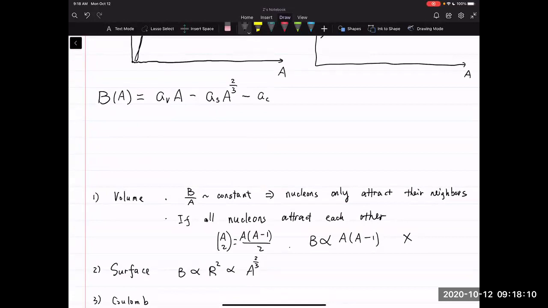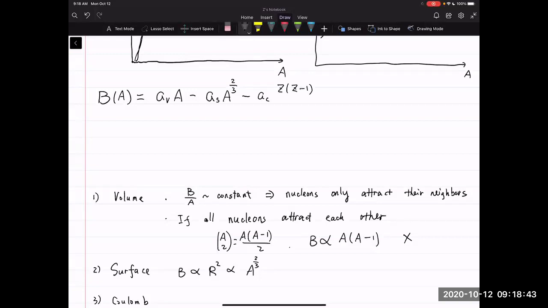And Coulomb interaction is long range. Okay, so every proton is going to interact with all the protons inside the nucleus. And just like we argued in the volume term, if every particle interacts with all the others, then in this case we only consider the protons. So we have Z number of protons, and we pick two protons out of the protons.